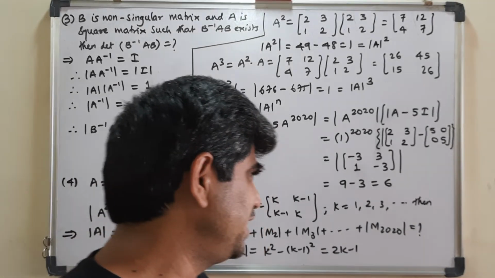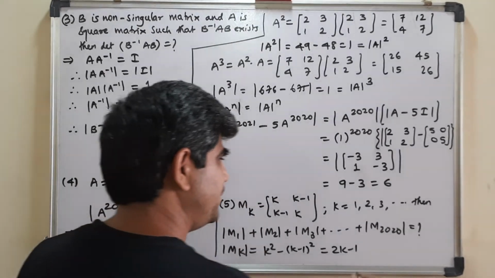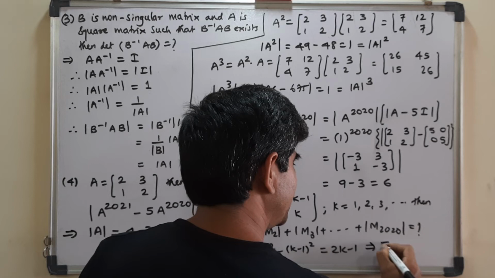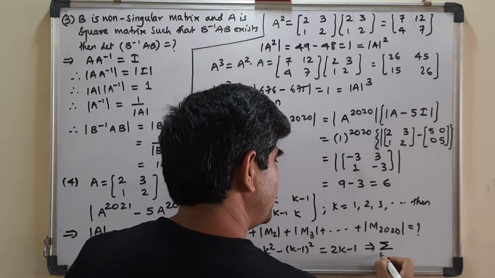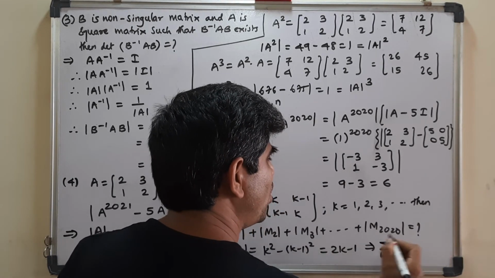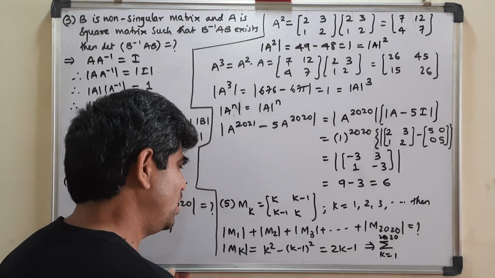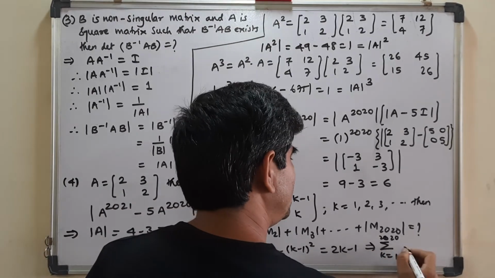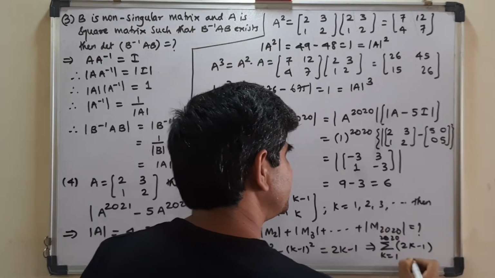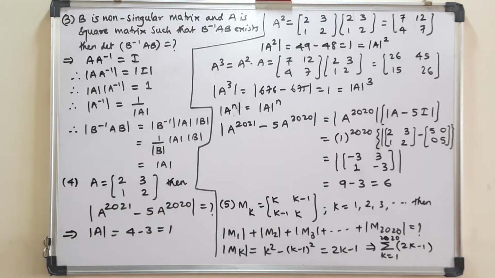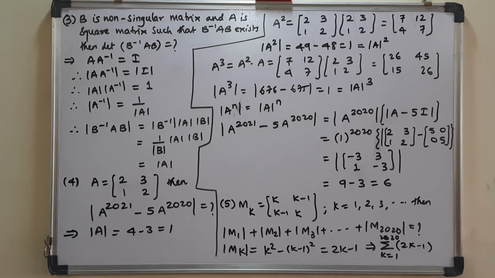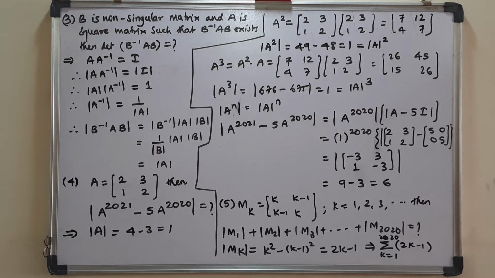You can also directly say this can be taken as the summation of k going from 1 up to 2020. And this is the summation of 2k minus 1. Agreed?